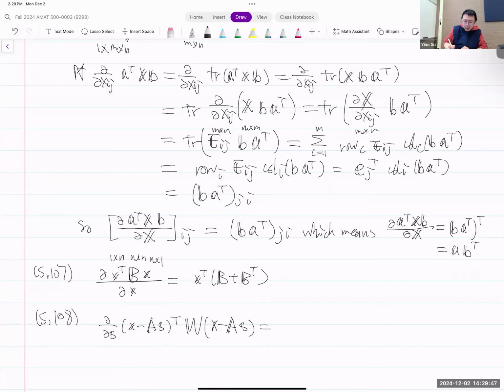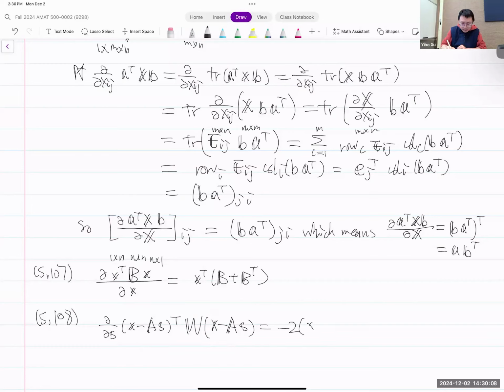This equals to, so 107 and 108 are highly related, really similar. However, the difference here is that this is a vector, this is a vector, but now S in the front has an A, this is a matrix multiplication. Okay, so S is still a vector, but now there's an A, so it will be a little bit different.